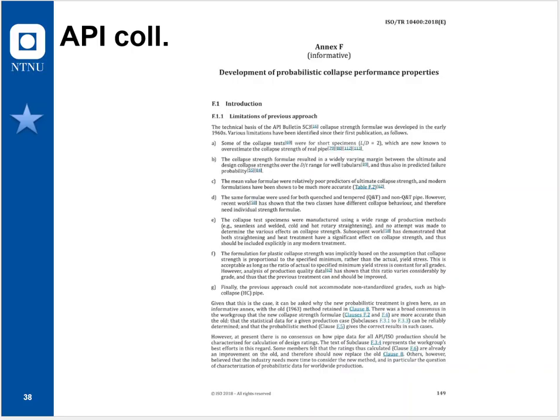This is what you find in ISO 10400. It lists why you should be careful with the collapse calculations that I just showed you, and I think I've been quite clear on why you should be careful.